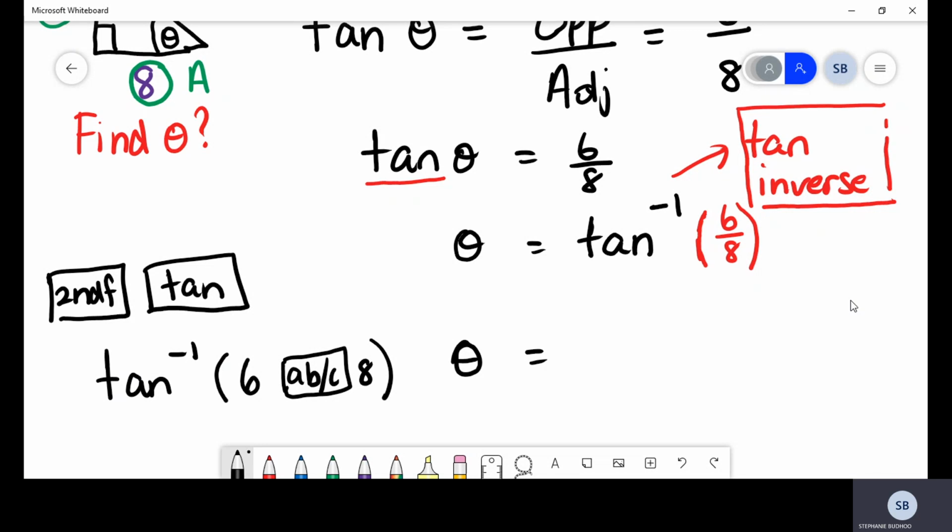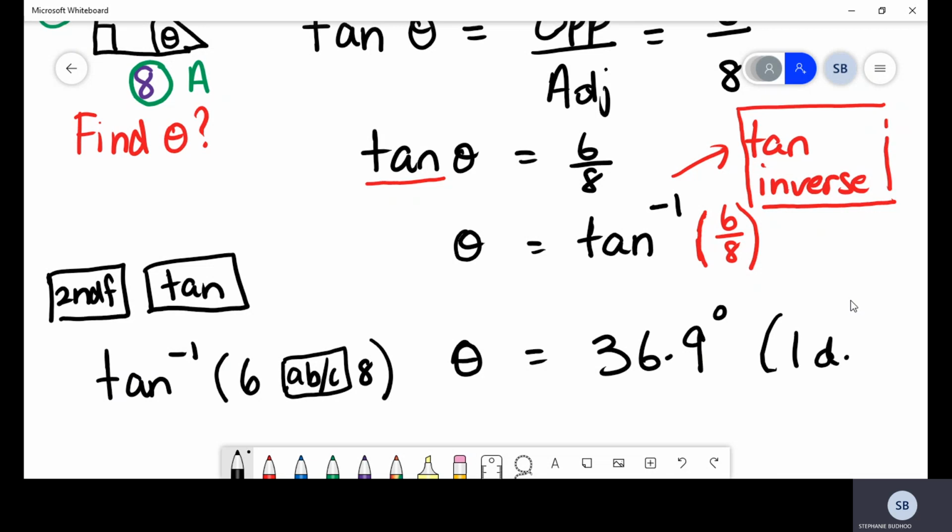Make sure you are seeing DEG written at the top somewhere in your calculator. And if you are correct, you should get a value of 36.9 degrees, correct to 1 decimal place.